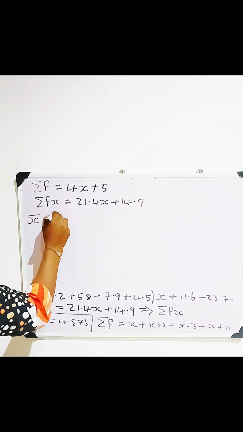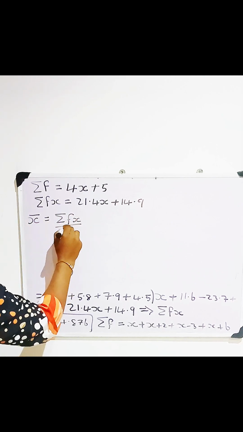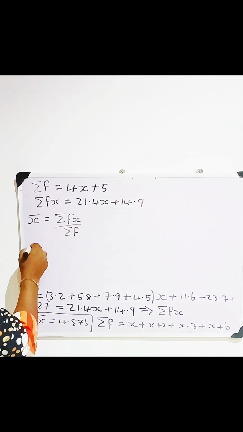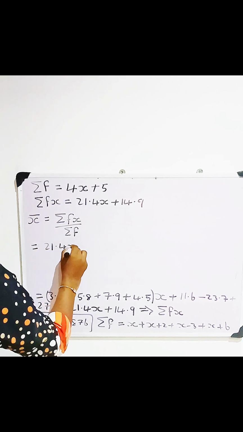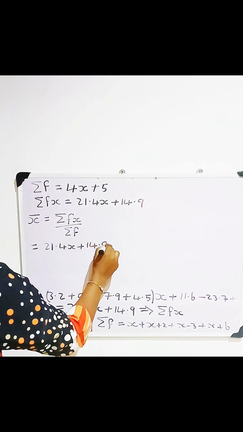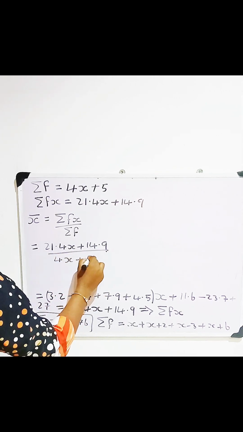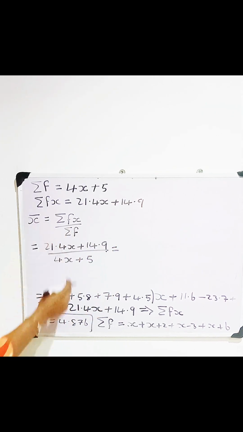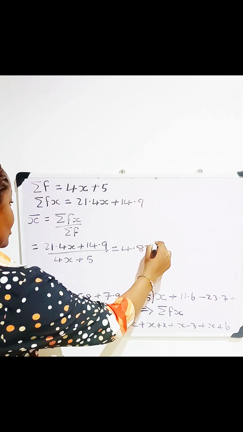Our mean, the arithmetic mean, is equal to the summation of fx over the summation of f. So this will now be 21.4x plus 14.9 all over 4x plus 5, equal to the mean. What was the mean? 4.876.